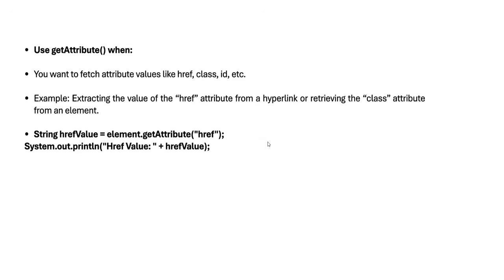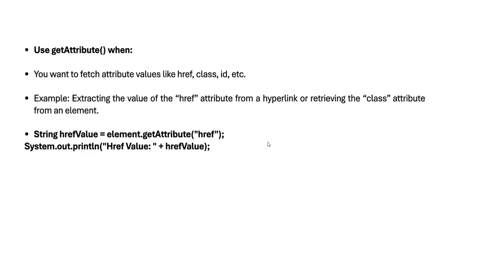And next is the getAttribute method. If you want to fetch the attribute values, in that case you can use the getAttribute method. Suppose you want to extract the href from a hyperlink, or you want to retrieve the class attribute of any element.